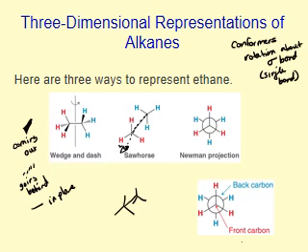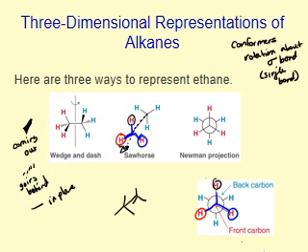You would notice on the front carbon, you have a hydrogen up, a hydrogen here to your left, and then a hydrogen to your right here. And this is that part that you just looked at.